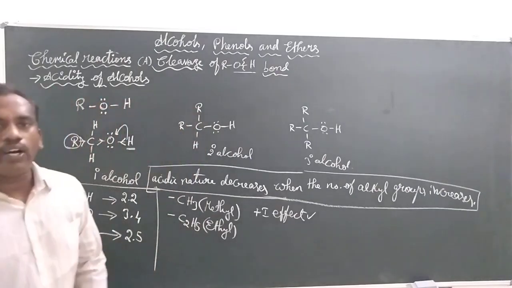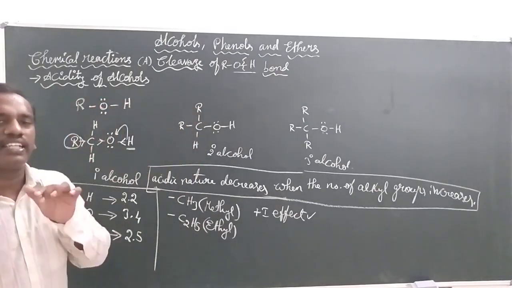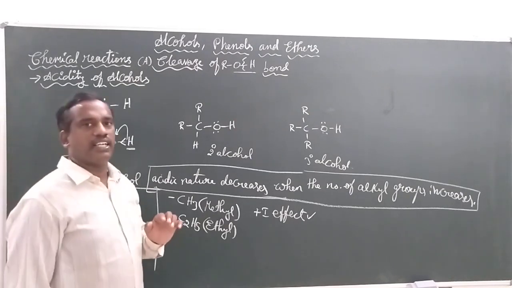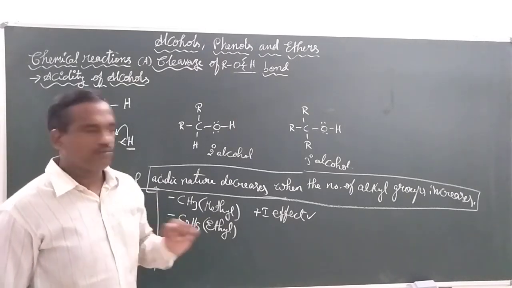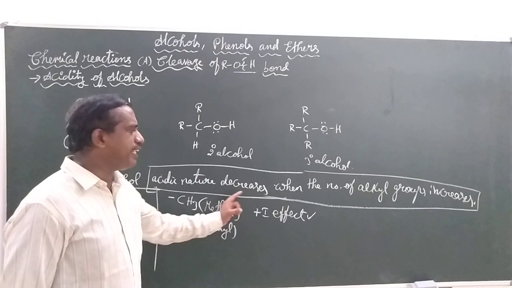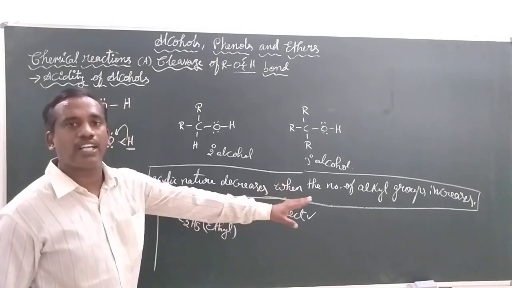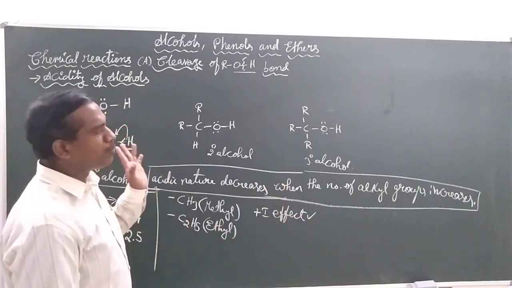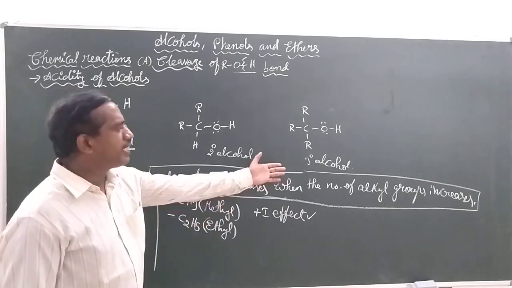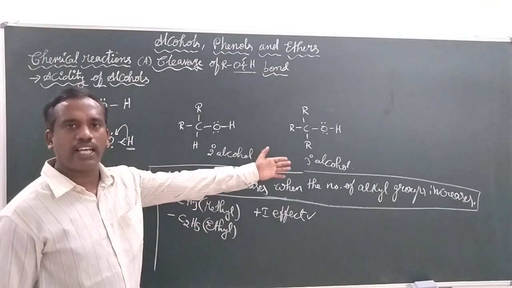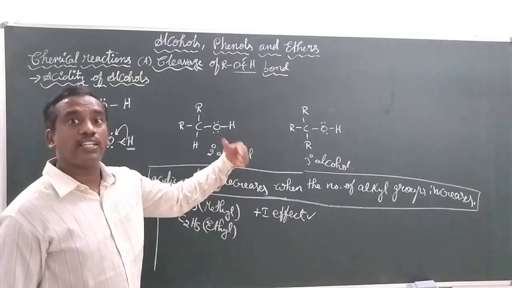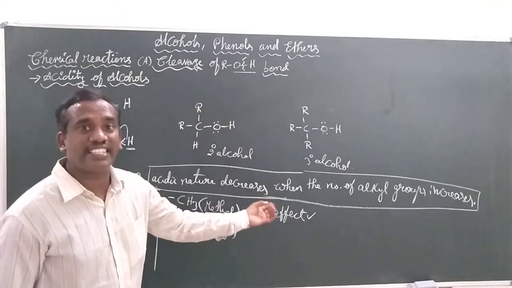So let us write the order in which there will be the least acidic nature. See the condition: acidic nature decreases when the number of alkyl groups increases. Tertiary alcohols have three alkyl groups, so there are three donating groups, and they are the least acidic.